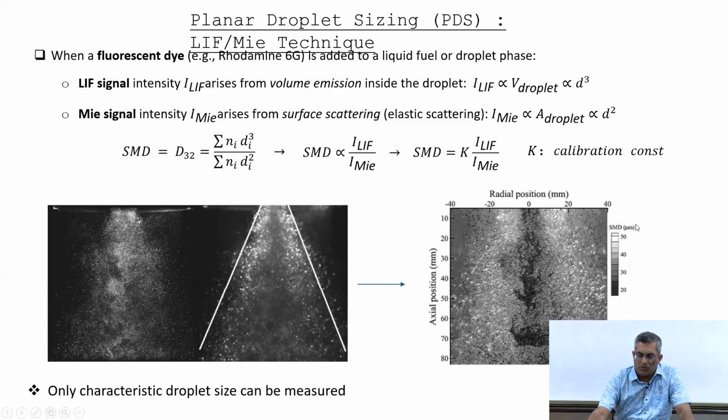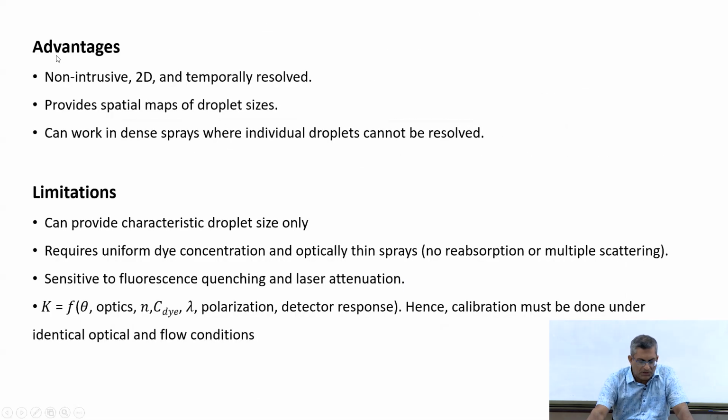So this is useful for the case where you have higher number density in your flow, or you can say close to the injector exit. Okay. So we can use this technique. However, basically the advantages of this technique is that it is non-intrusive, and we can get 2D temporally resolved data.